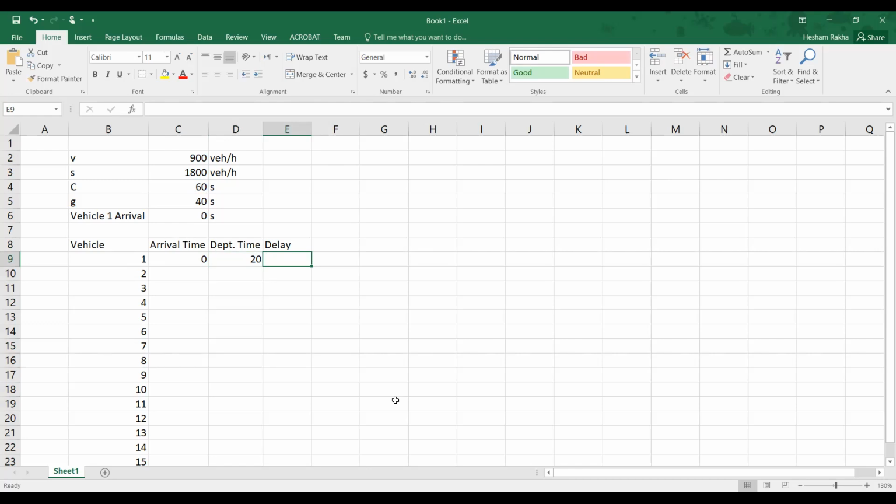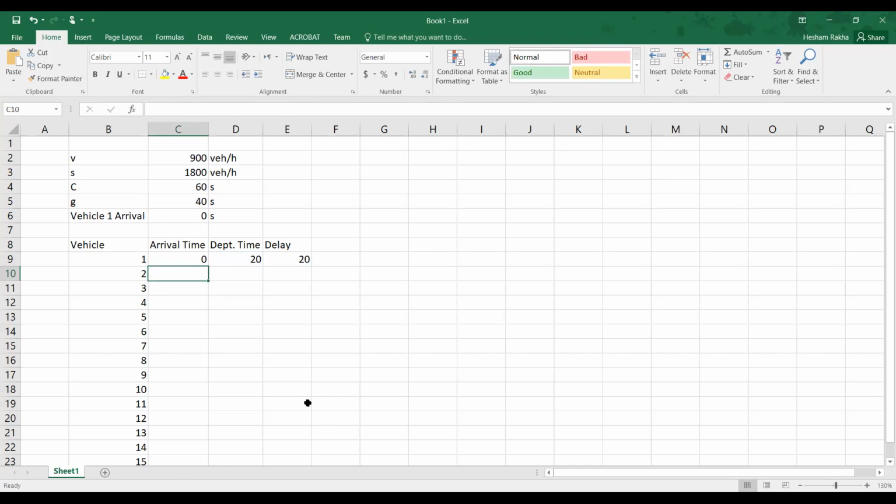It arrived at time 0 and it left at time 20. So David and Katie mentioned that it would be 20 seconds. Yes, that's correct. The departure time minus the arrival time gives me the delay for that specific car. Now, let's go for the next car.